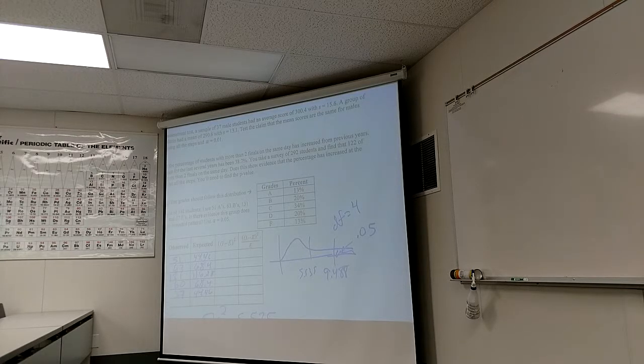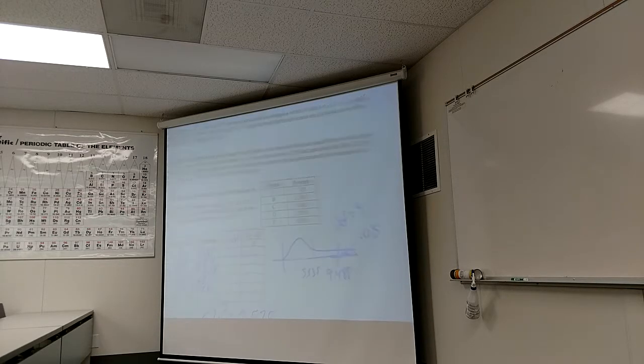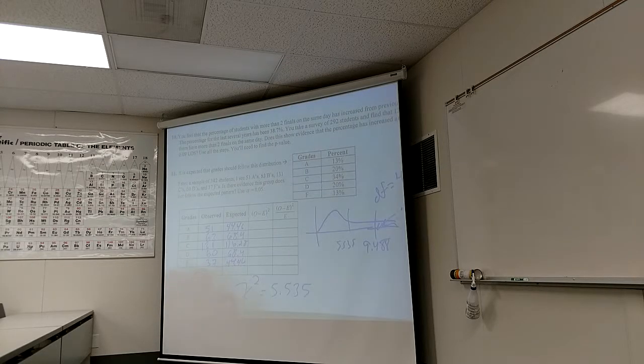Now remember, what can you never show evidence of to support H naught? You can never show evidence that H naught looks right. So in this case, I can only show evidence that it doesn't follow the pattern, and we did not find enough evidence that it doesn't.